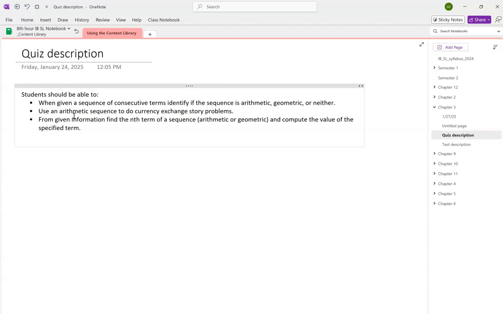That's basically your D, and you just set it up otherwise. Be able to find the nth term of a sequence, either arithmetic or geometric, and use that to compute a specified value. Like we've done before, find the nth term and then find the 50th term or the 100th term or the 10,000th term or whatever. It's pretty straightforward. There's really not a whole lot of different ways we can ask questions here.